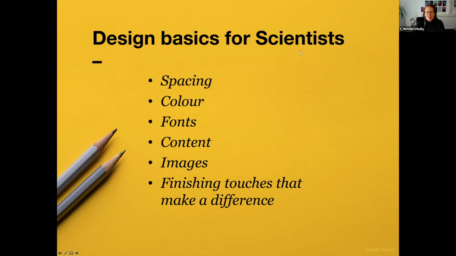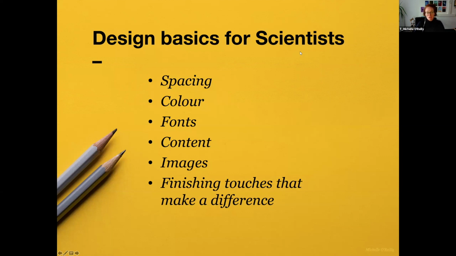Okay, so we're basically going to be running over some very basic design principles and how we can apply this for you scientists. So we're going to be looking at spacing, we'll have a look at color, we'll go through fonts, looking at content itself and communicating content and making sure that that's easily absorbable and not overwhelming for your end user or your end person reading your papers.